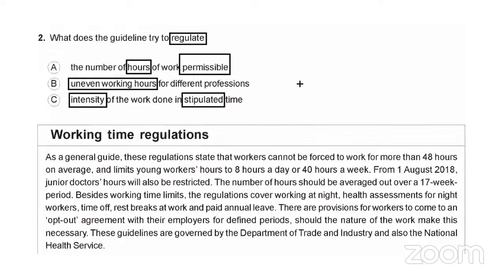So let us check now here. Number 2. So guidelines try to regulate what? Guidelines regulate.